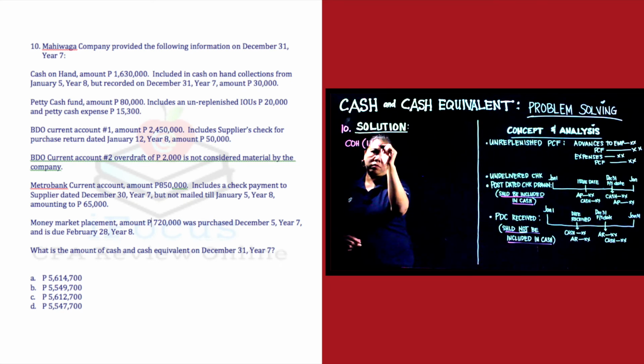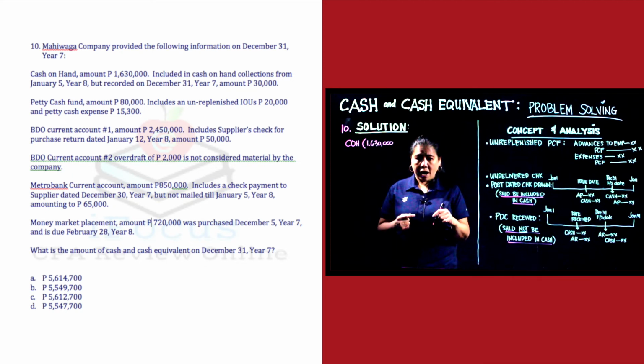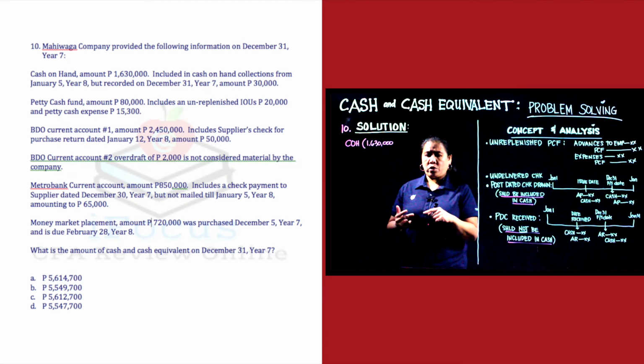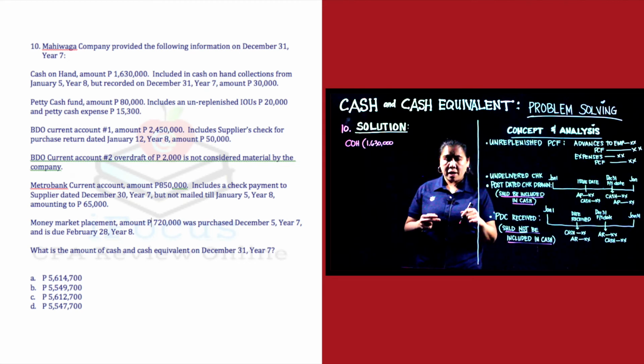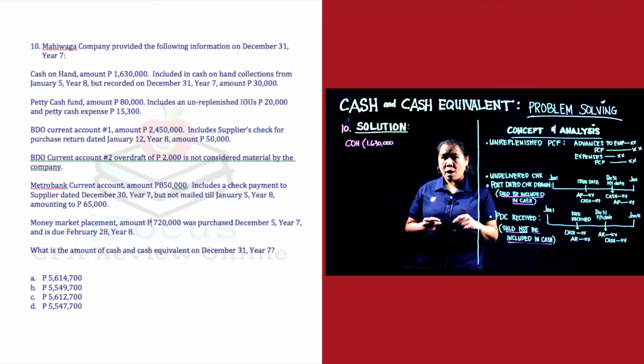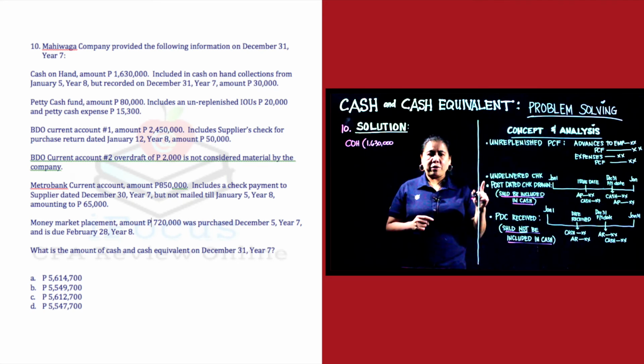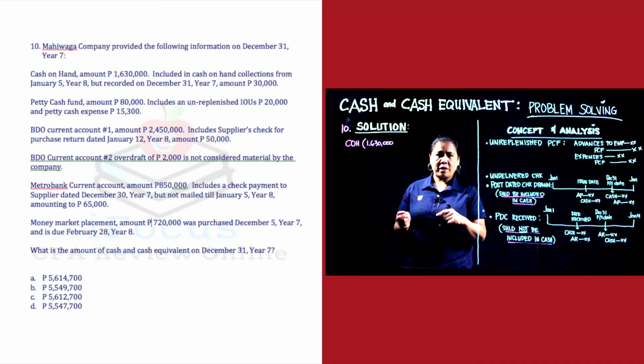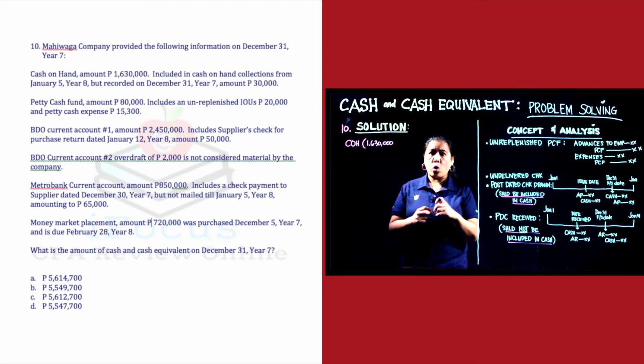Alright? Included in cash on hand collections from January 5th, year 8, but recorded on December 31st, year 7, amounting to 30,000. Tama ba ang ginawa ng company? Kinolekta niya ng January 5 pero ni-record niya ng December 31st. Paano nangyari yon? Yung book ng company open pa siya.